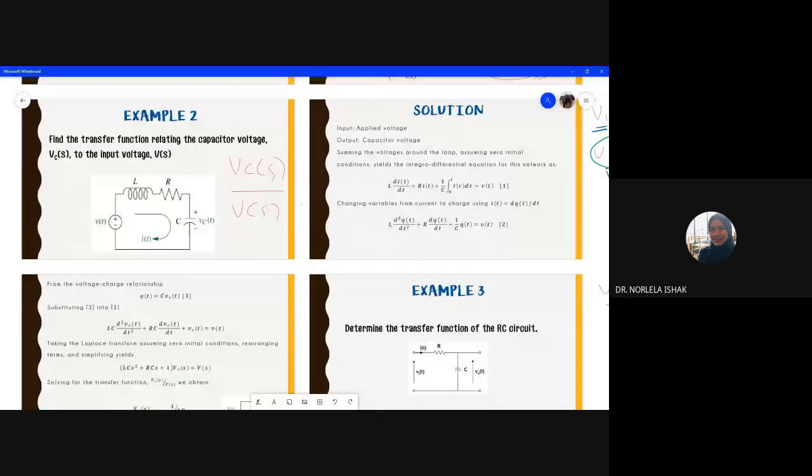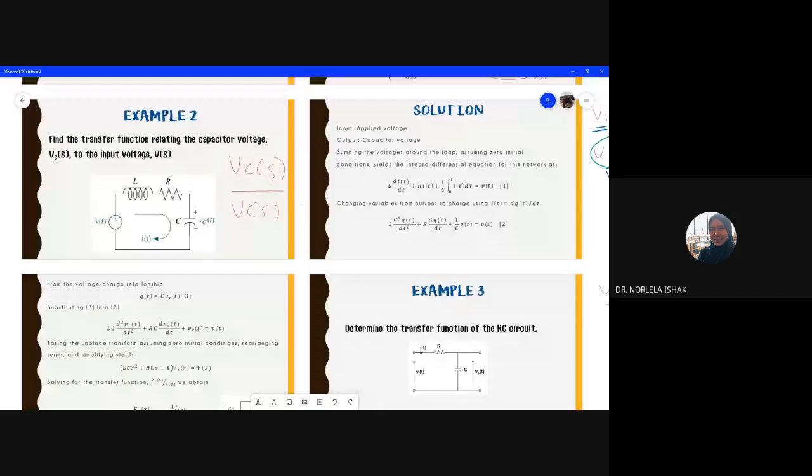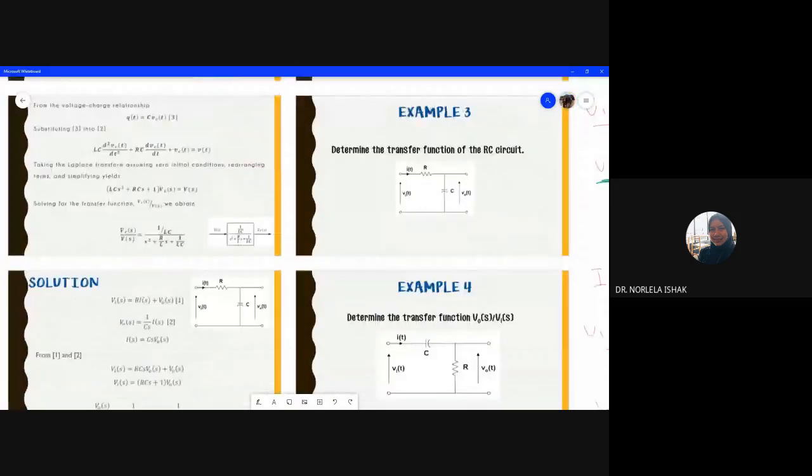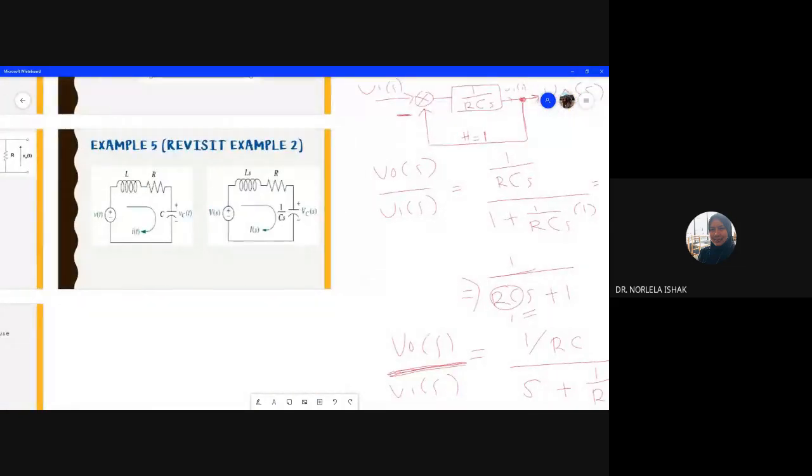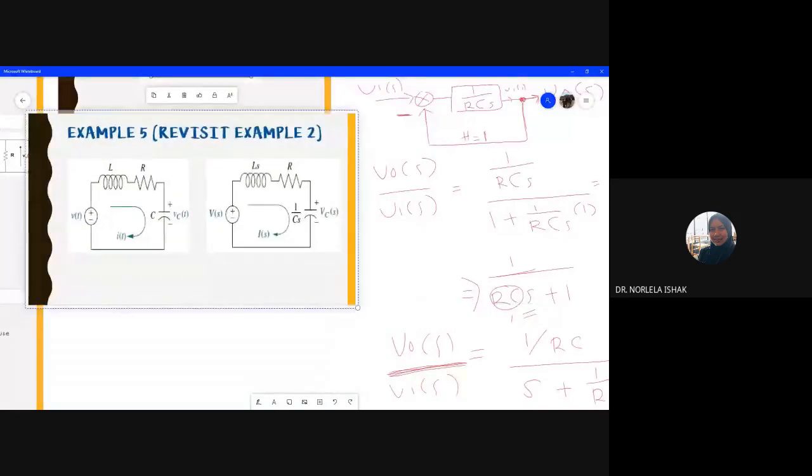So meaning you have to redraw the equivalent transformed impedance circuit. We redraw this circuit into the equivalent transformed impedance. Similar to this, question number 2, we redraw it back and we can get this one. Okay, RLC circuit.